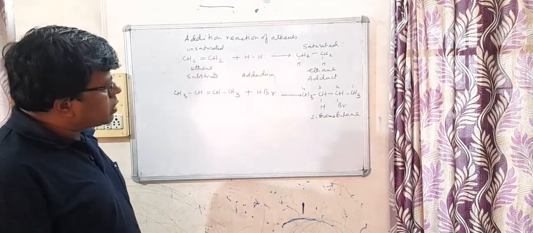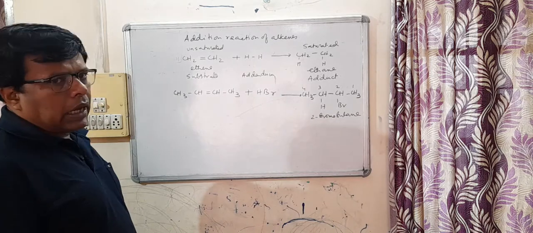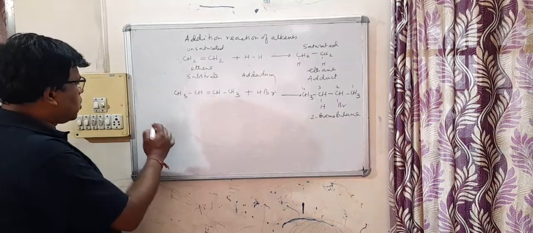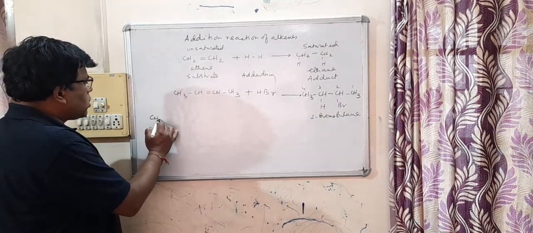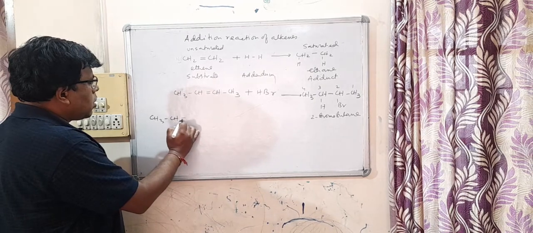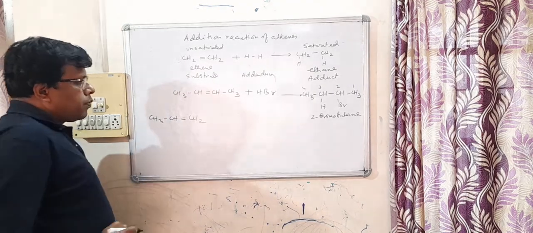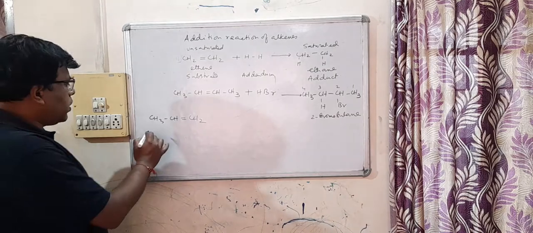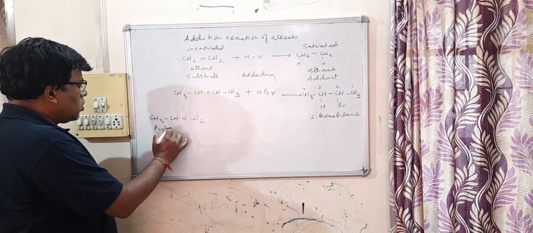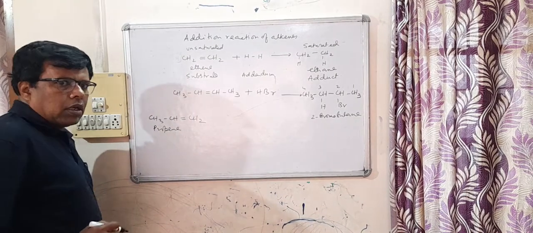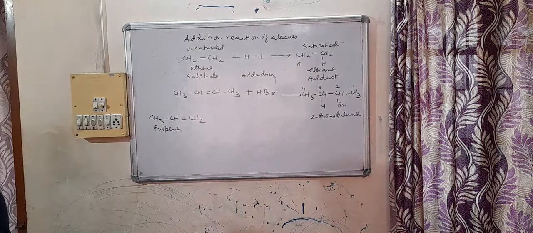Okay, now let me consider an unsymmetrical alkene. Say CH3CH double bond CH2, which is propene. Propene is an example of unsymmetrical alkene.